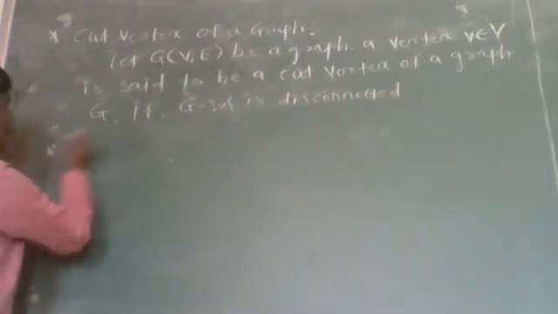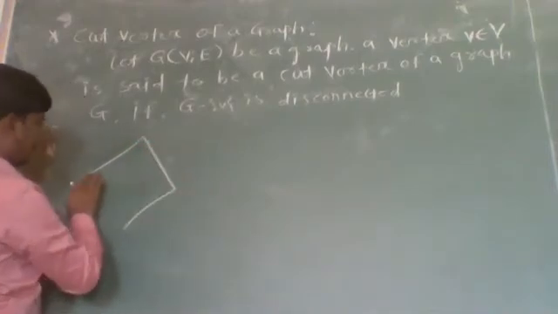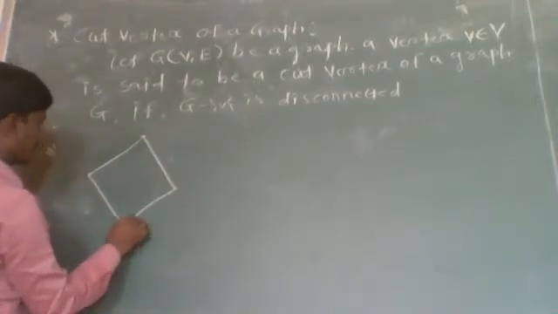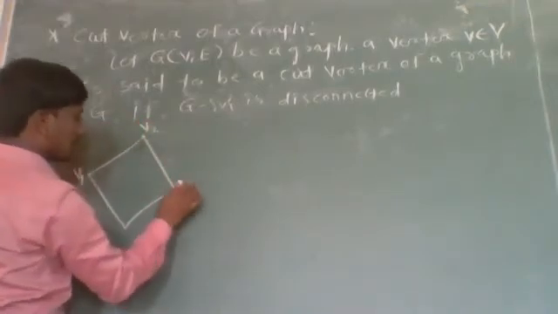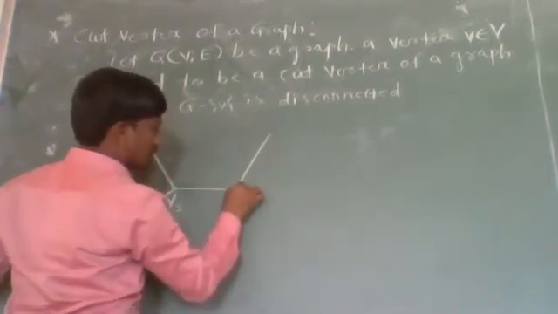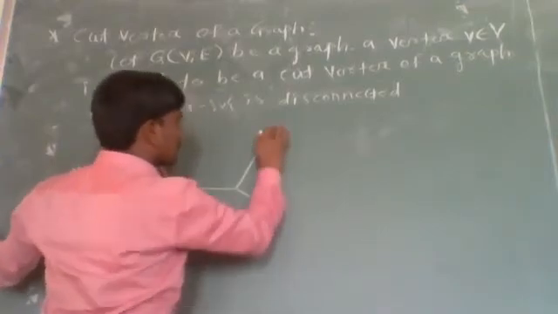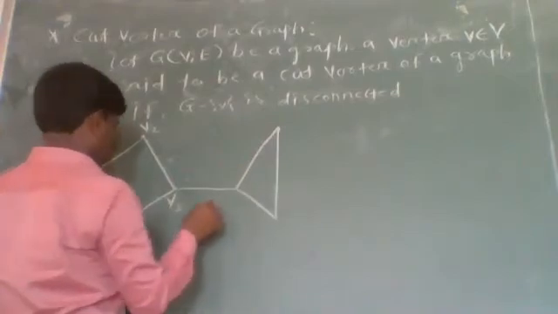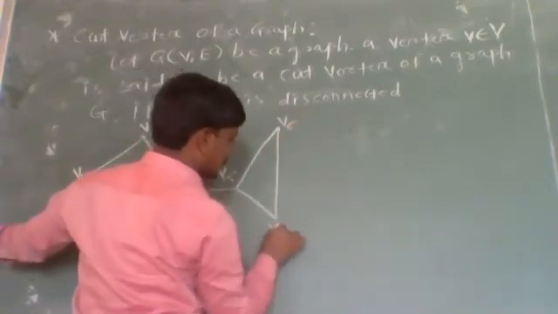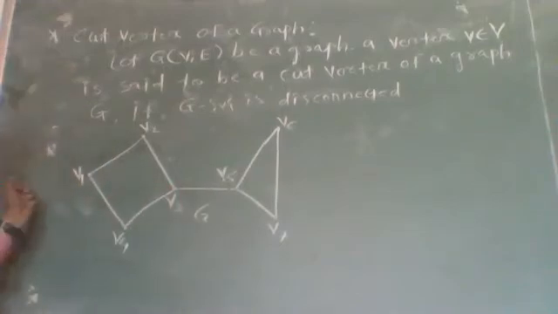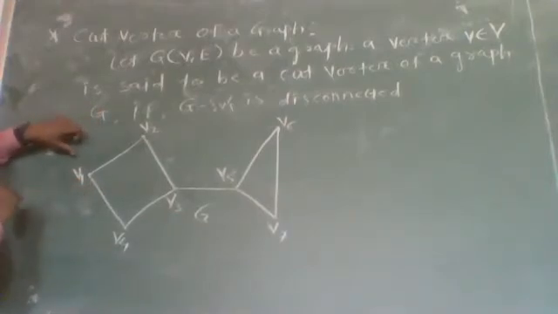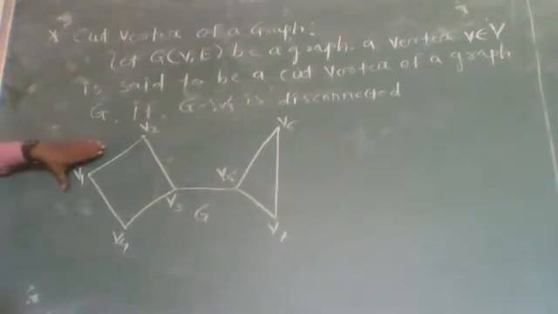Now let us take one graph G. This one is the graph G. Now we have to find the cut vertices of graph G. If we remove a vertex V1 from graph G, we need to recall what vertex deletion is.